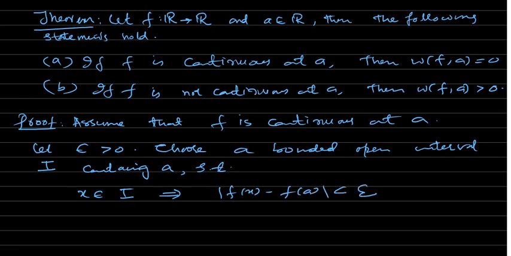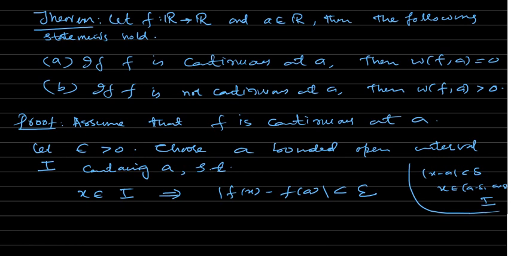It's the same as |x - A| less than delta implies |f(x) - f(A)| less than epsilon, because if I write |x - A| less than delta, it's equivalent to writing that x belongs to (A - delta, A + delta). So that's your interval I. So for every epsilon positive I can find an interval I such that whenever x is in this interval, |f(x) - f(A)| is less than epsilon.